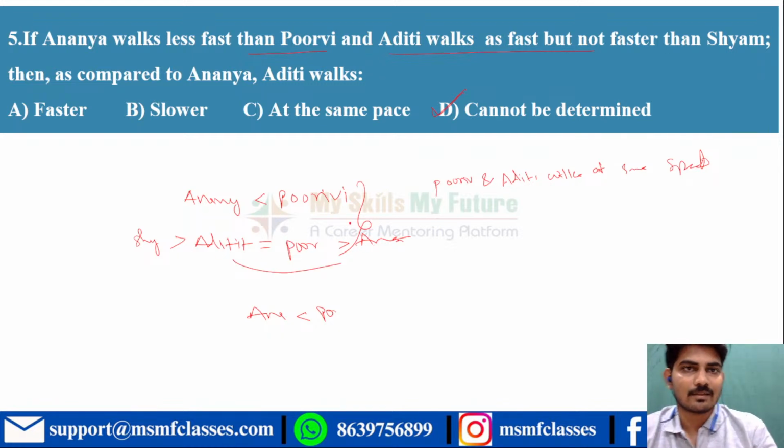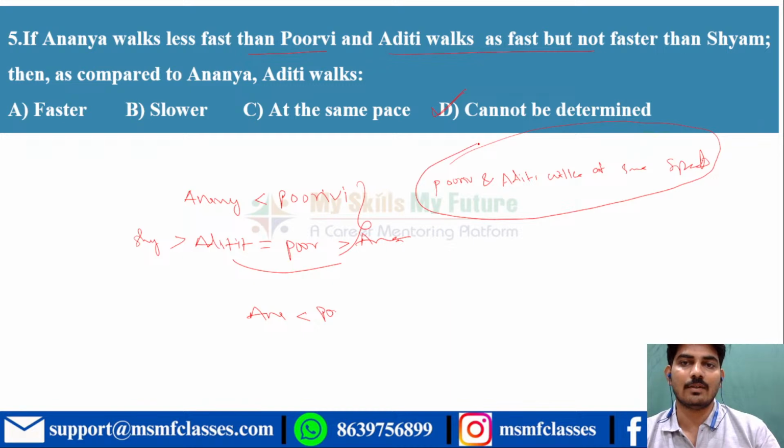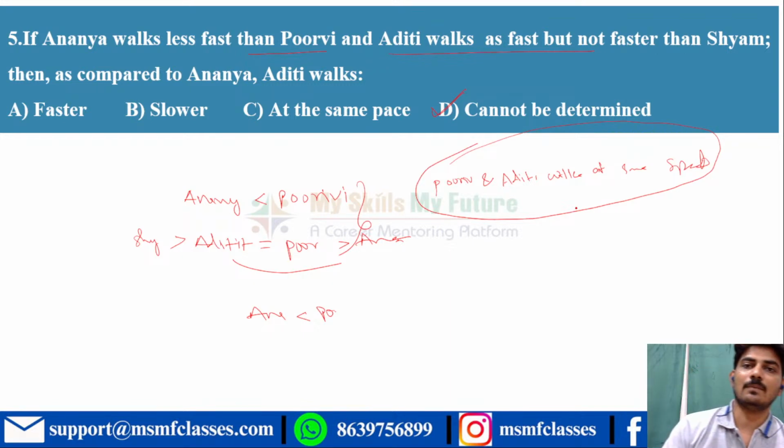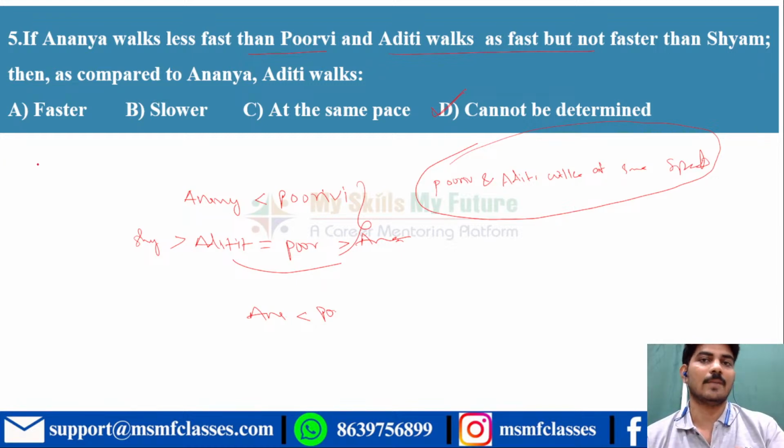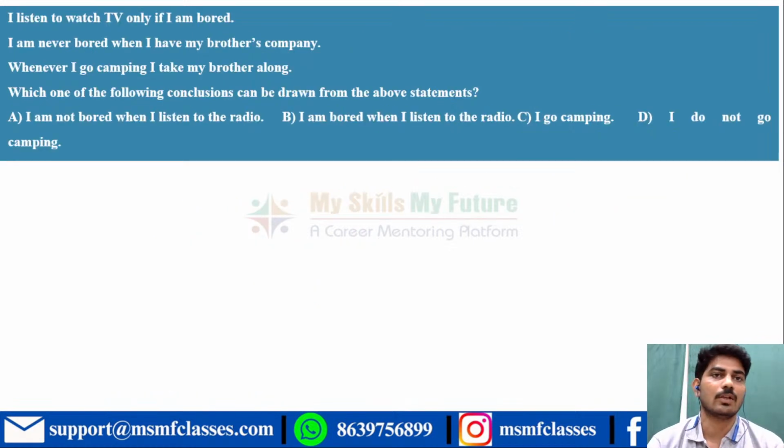So Aditi walks faster than Ananya. If that statement were given in the question, the answer would be option A. But since this statement was missing in the question, the answer for this question is option D. I hope I am clear with this explanation, and I'm moving to the next question here.